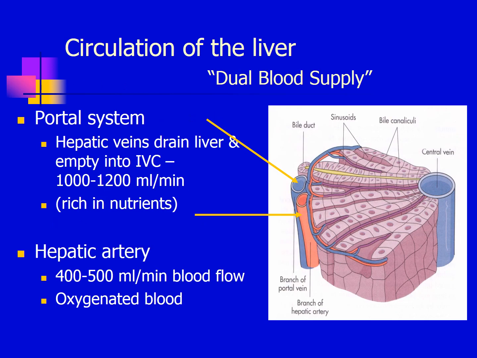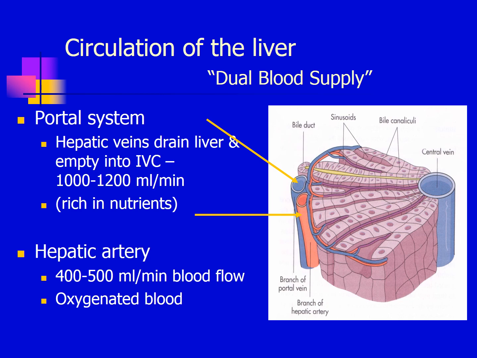So the liver has a dual blood supply, which is really, really nice, right? So it has its own portal system. There's the hepatic vein, which drains the liver and empties into the inferior vena cava, about 1,000 to 1,200 mLs a minute.